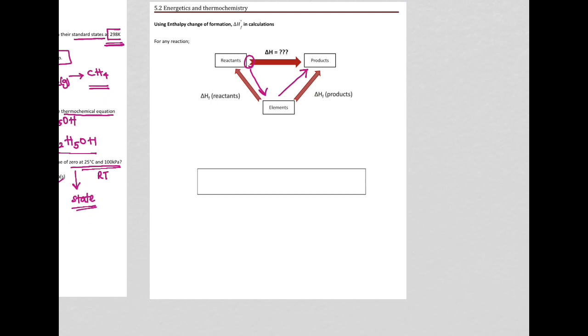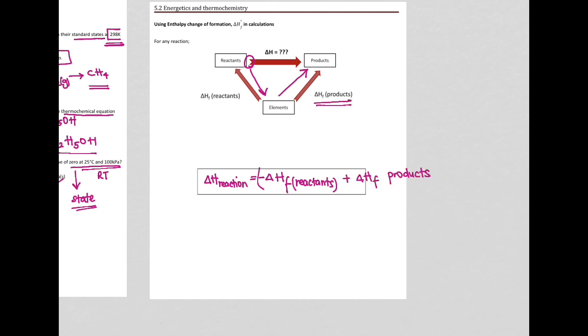So like this, which means that delta H for any reaction under standard conditions will be delta HF of reactants, negative of this because you can see here we are going in the opposite direction, so negative of this plus delta HF of products.